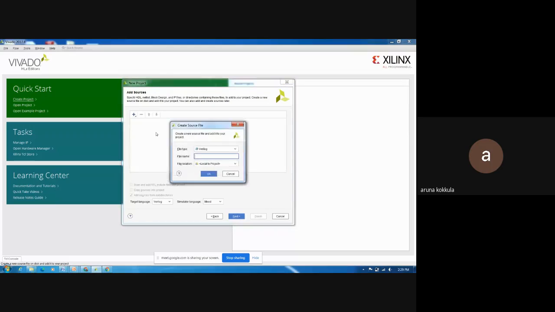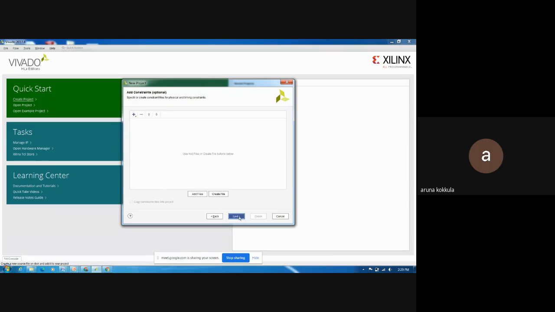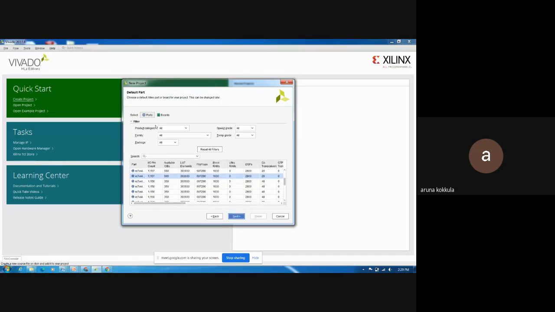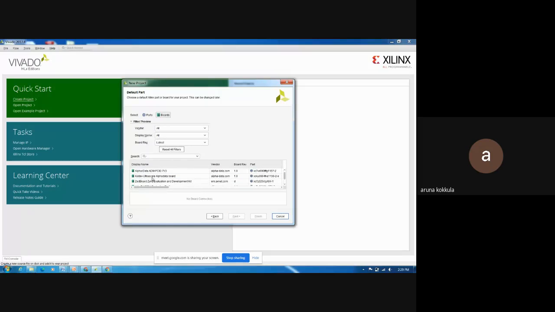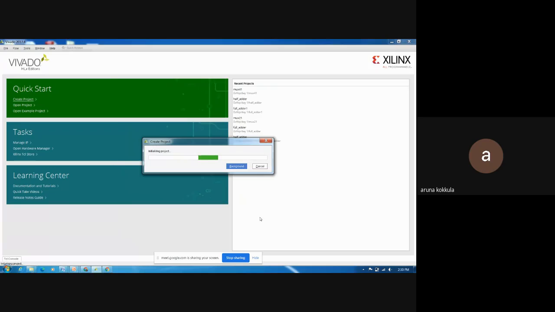Then create source file, triple carry adder. Then constraints are optional. Then go for the boards. Z board I've selected. Then finish.